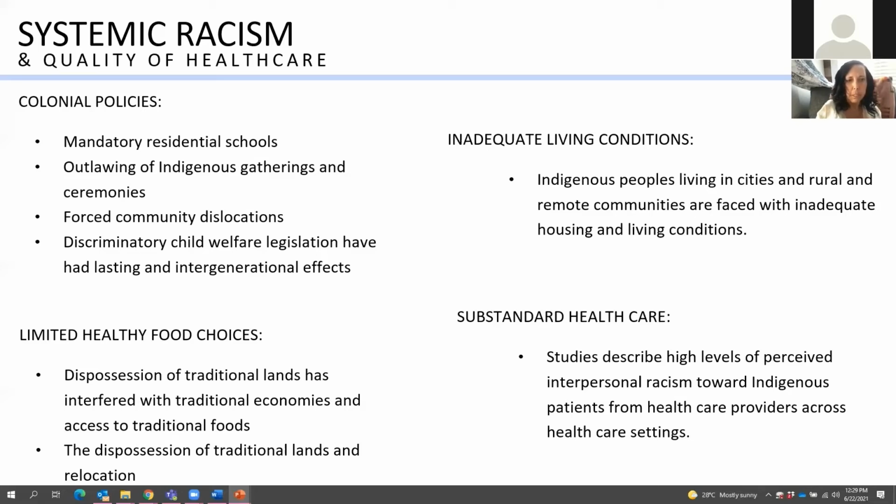And so dispossession of traditional lands really interfered with the traditional economies and access to traditional foods. Of course, there's a dispossession of traditional lands and relocation, and of course, substandard healthcare, if any. And of course, there's perceived interpersonal racism towards Indigenous patients through healthcare providers across healthcare settings.